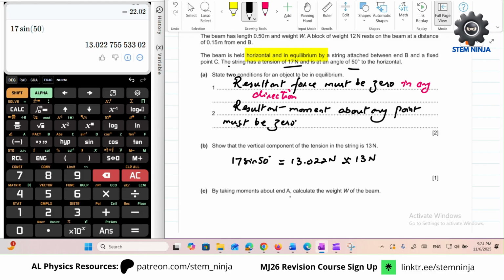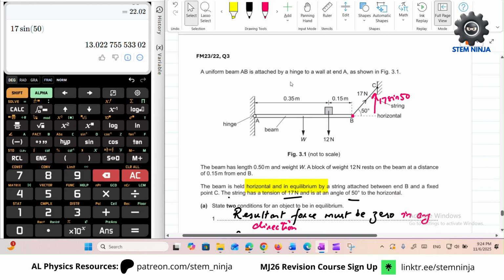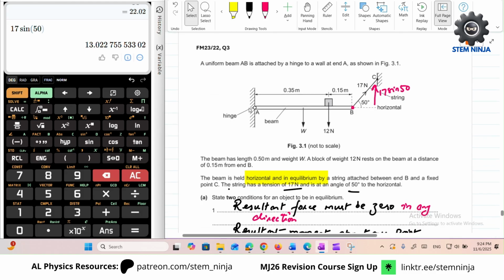By taking moments about end A, calculate the weight W of the beam. So end A is this. The vertical force 13 newtons is acting over here. And this is a uniform beam and the total length is 0.5.